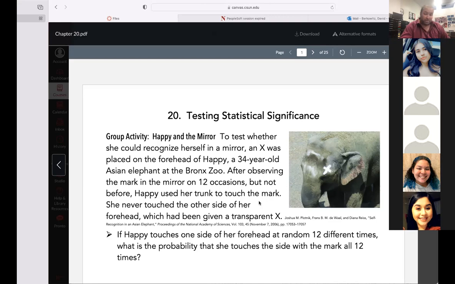That might be a problem. Okay, that's far enough away that you're like, well, wait a second, I don't really think that this result would happen if it really was a fair coin. So when you get a result that is unlikely to have occurred by chance, we say that it's a statistically significant result.